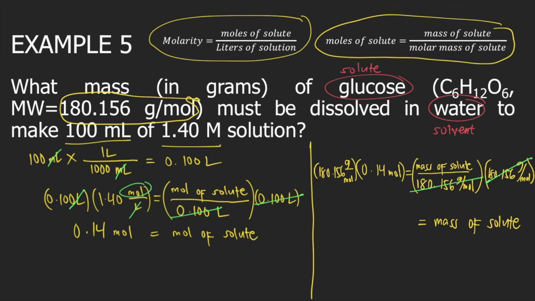So moles will cancel, and the remaining unit is grams. So 180.156 times 0.14, this is approximately equal to 25.2, and the unit is grams. So the answer to this question is 25.2 grams.